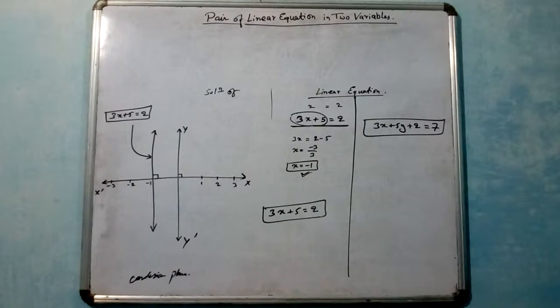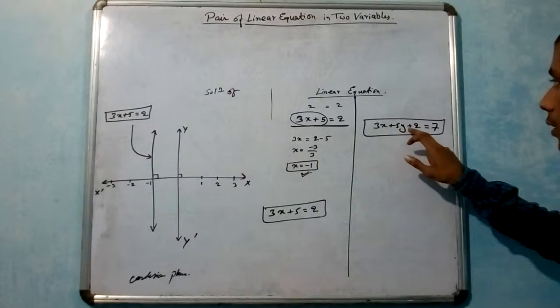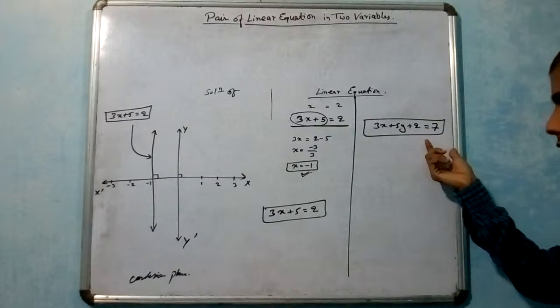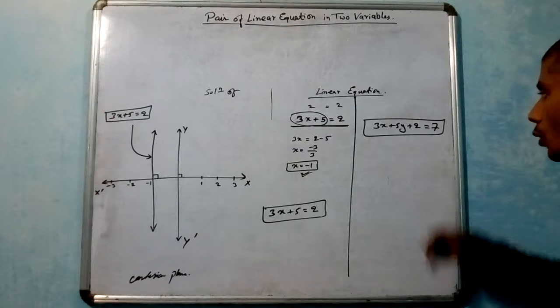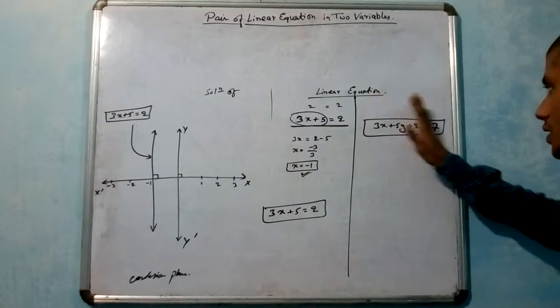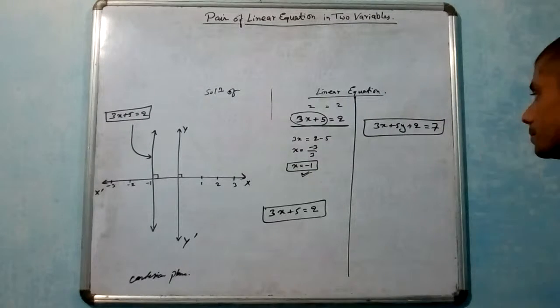What can be the solution? Those values of x and y which, when substituted here, satisfy the equation can be called the solution of this equation. So all the values of x and y which, when substituted here, make LHS equal to RHS, we will say those are the solutions.